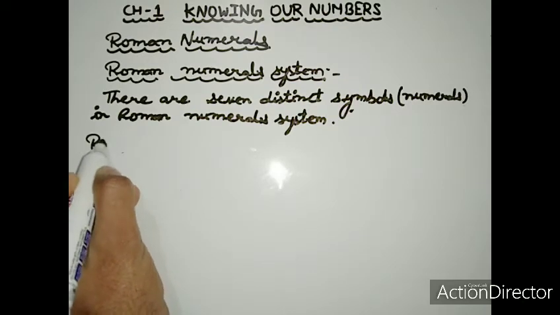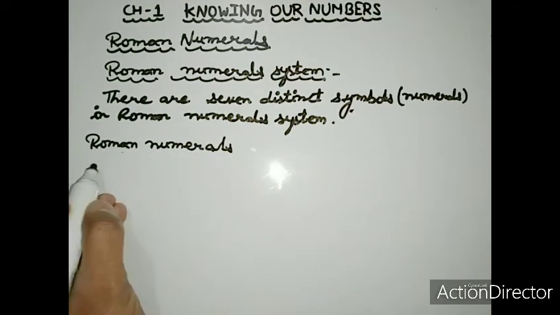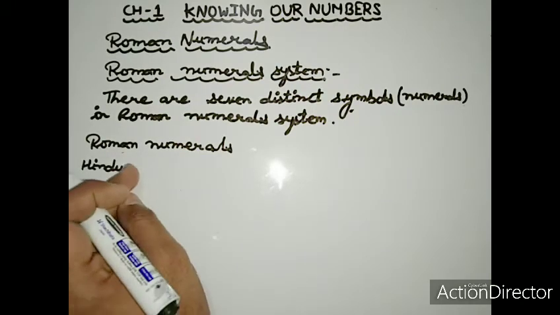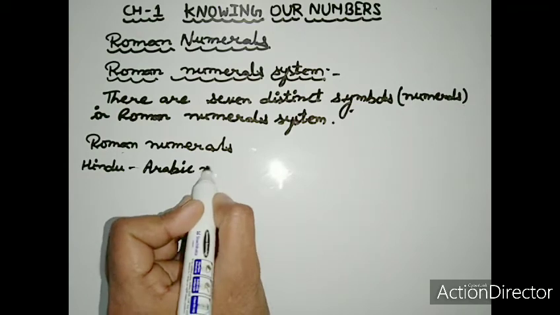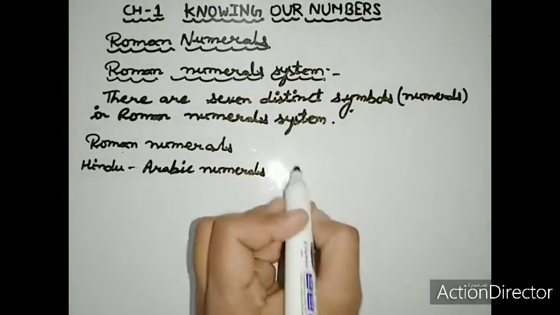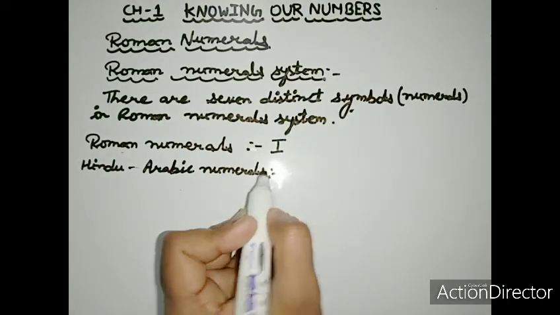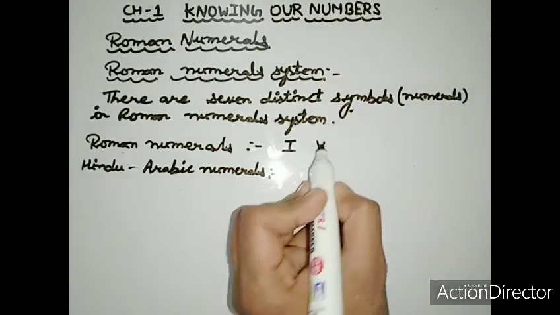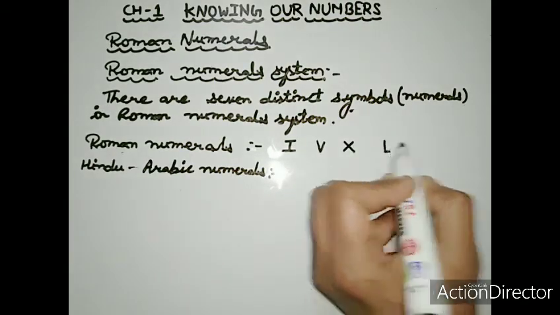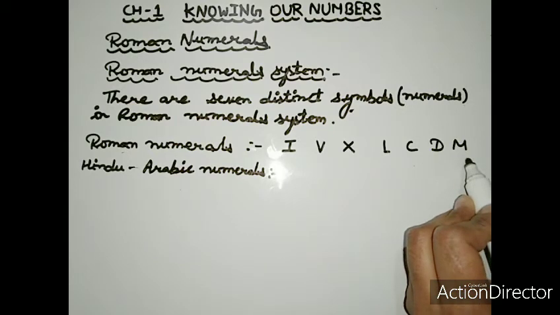Here we write Roman numerals, and here Hindu-Arabic numerals. The Roman symbols are I, V, X, L, C, D, M, and we also write this M as K.